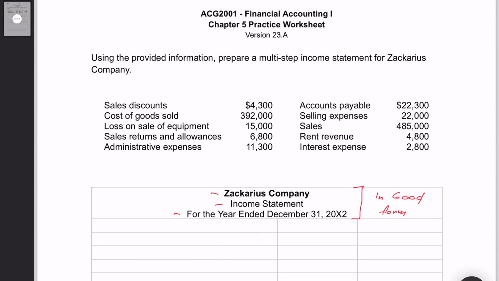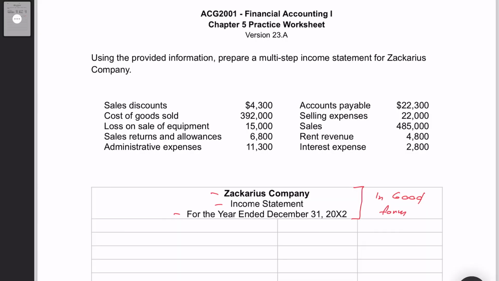Now I'm going to go back and see the account totals that they've given us. Sales, discount, cost of goods sold. As we go through these, I'm going to evaluate to see, are these going to make their way onto an income statement, or are they supposed to be on one of our other statements? So let's see what we have. Sales discount, that's income statement.